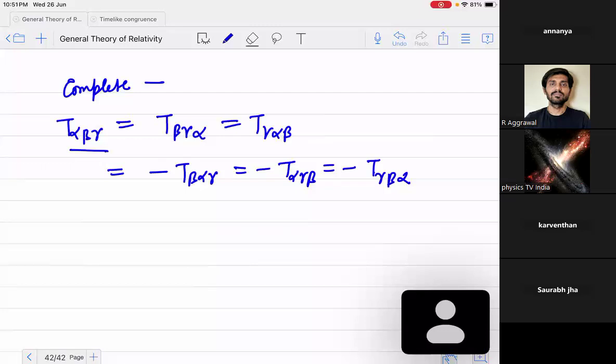Okay, so in this way, you can write down these things. I will discuss a few tensor related things, but not in today's class, because I know very well that you will be bored with lots of tensor calculation. But I need to introduce one more thing related to tensor analysis.